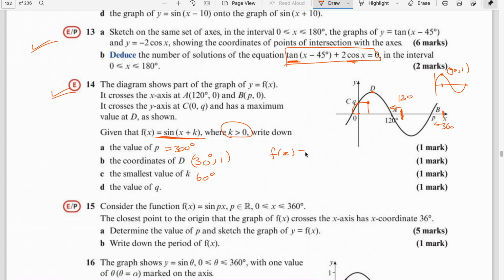F of x is equals to sine x plus 60. Substitute 0. When x is 0, we can find q. So sine of 60. So sine 60 gives an answer of square root 3/2. Clear?